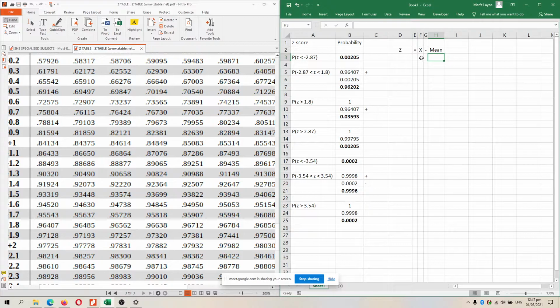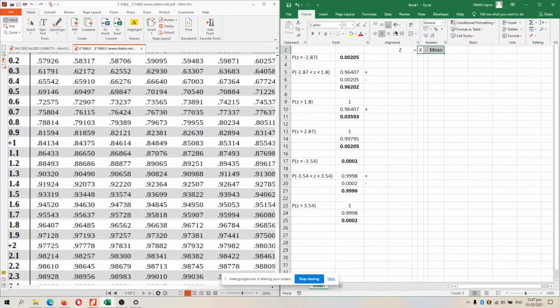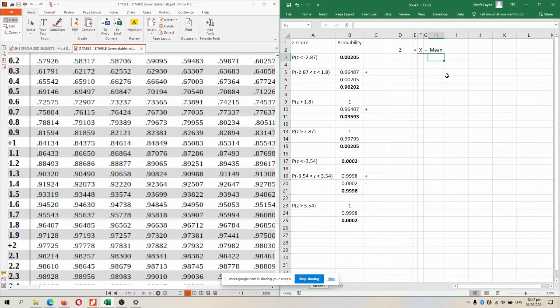Tapos, i-divide natin yan doon sa ating standard deviation.